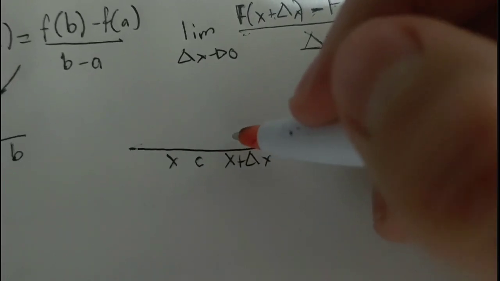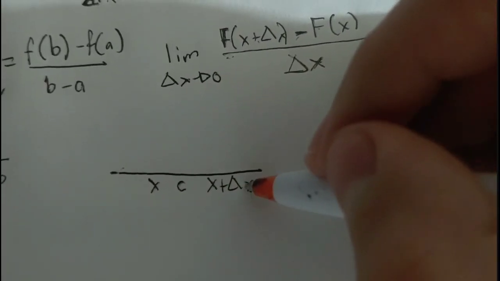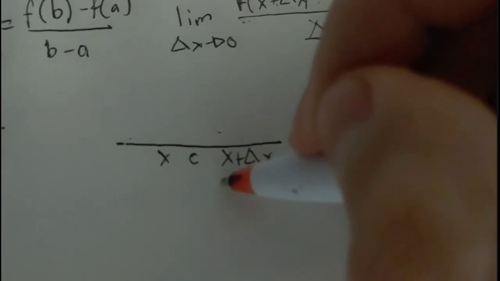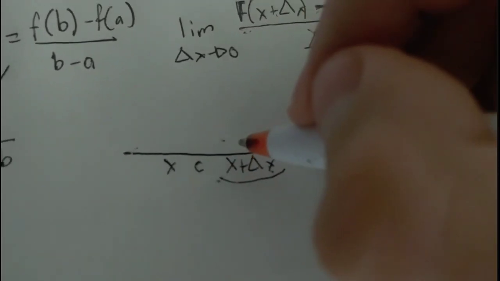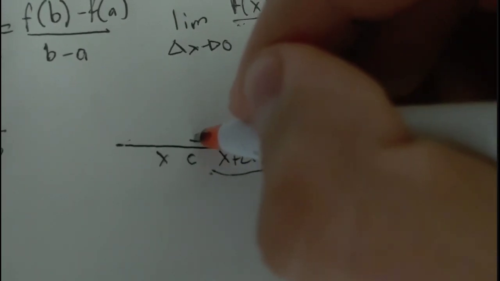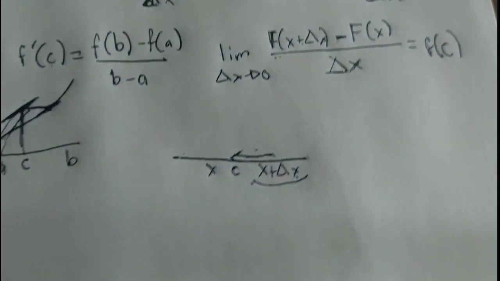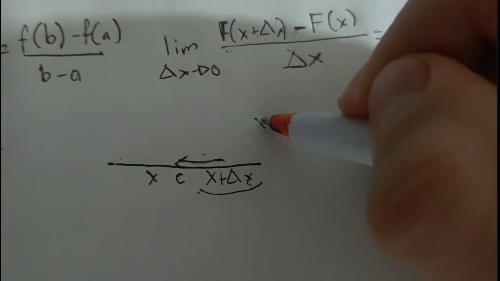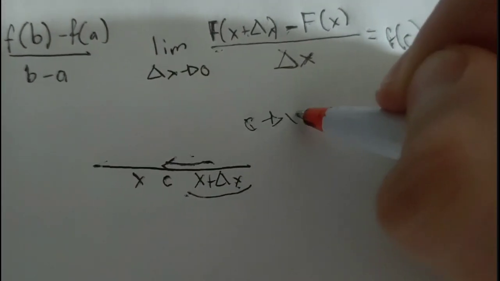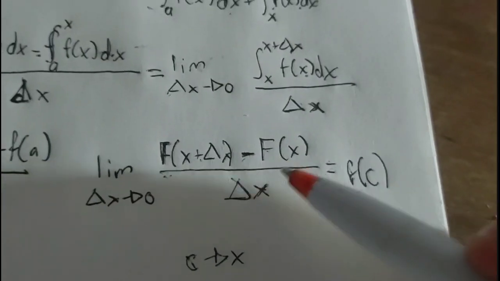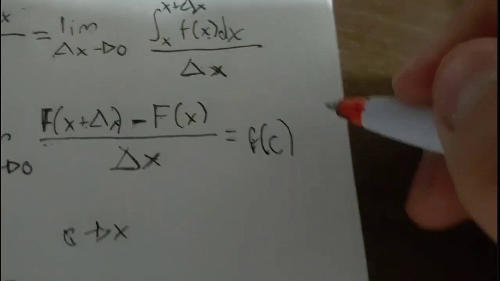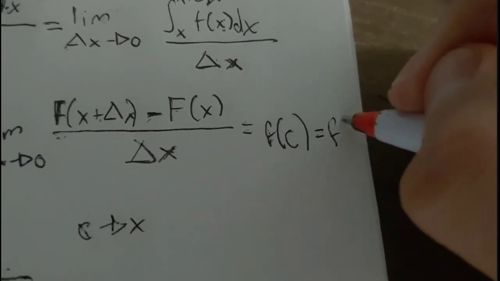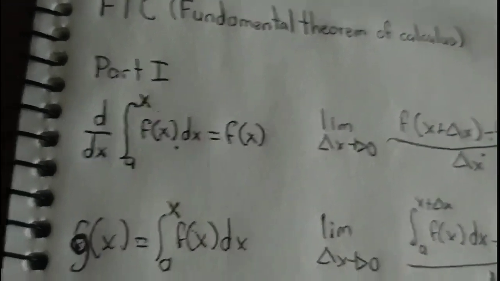Now since delta x approaches 0, as this quantity diminishes, this will become closer to x, and since c is always in the middle of x and x plus delta x, c will approach x, and therefore this is equal to f of x, and we have proved what we were looking for.